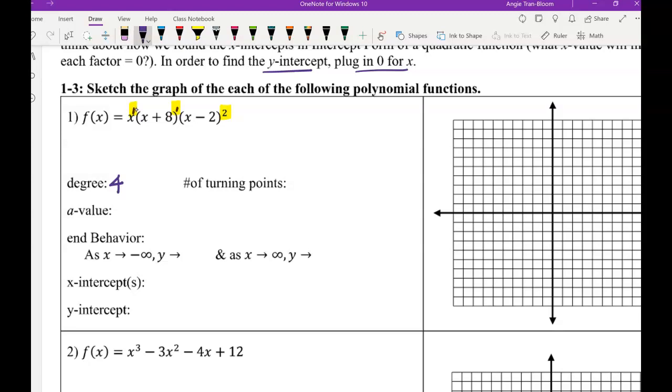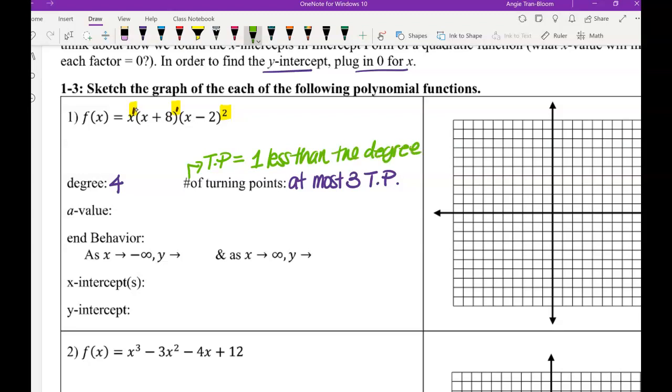Now, a degree of 4 would give us 3 turning points at most, okay? So at most, 3 turning points, 3 TPs. Now, how do we decide how many turning points we have? The number of turning points, students, is always 1 less than the degree, okay?